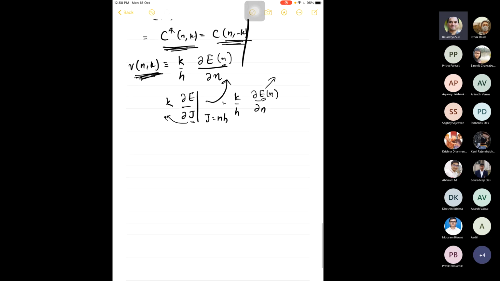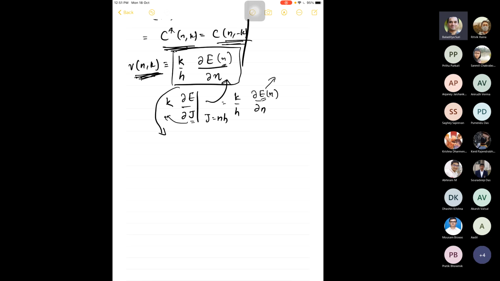And if you have this formula here, in the quantum case, we'll come to the quantum case. I'll write all the quantum formulas on the right side.